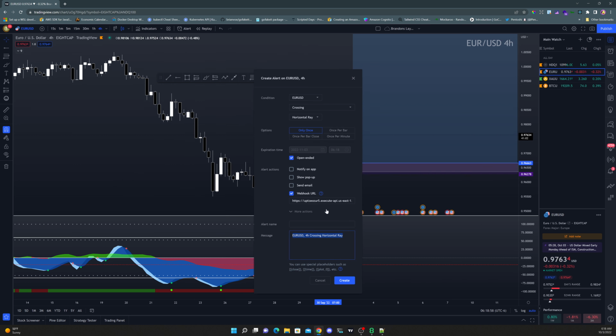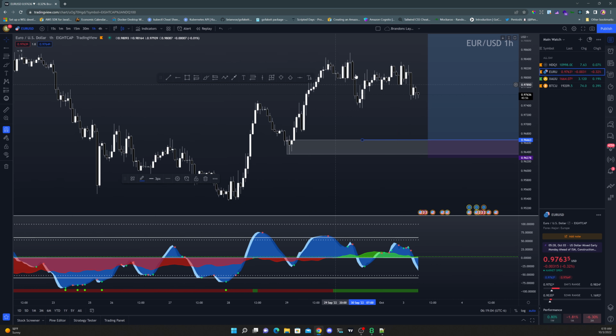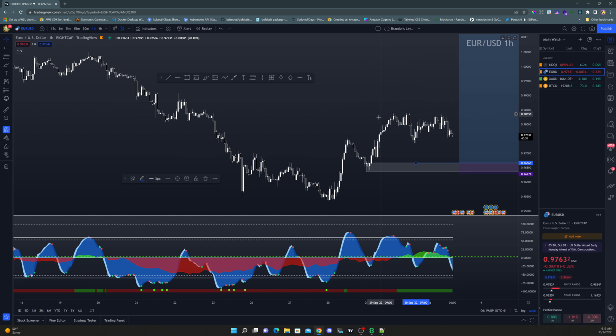So let's actually continue to scan real quick. So we're going to go to the hourly. All right, we're starting to come down. Yeah, we got the money flow starting to come down, blue wave starting to come down. You see here, right? So you see that starting to move down that way.